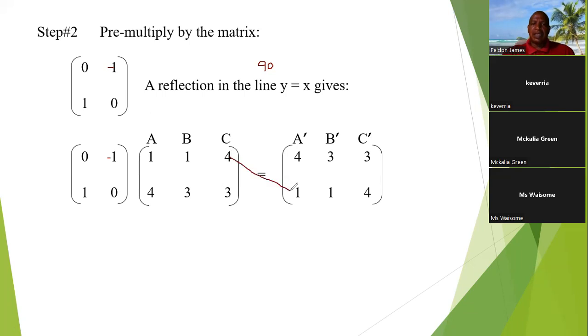The value is going to be negative, sir. These are going to interchange the same way, but that value is negative. All right, let us check. So 0 times 1, 0, negative 1 times 4, negative 4.